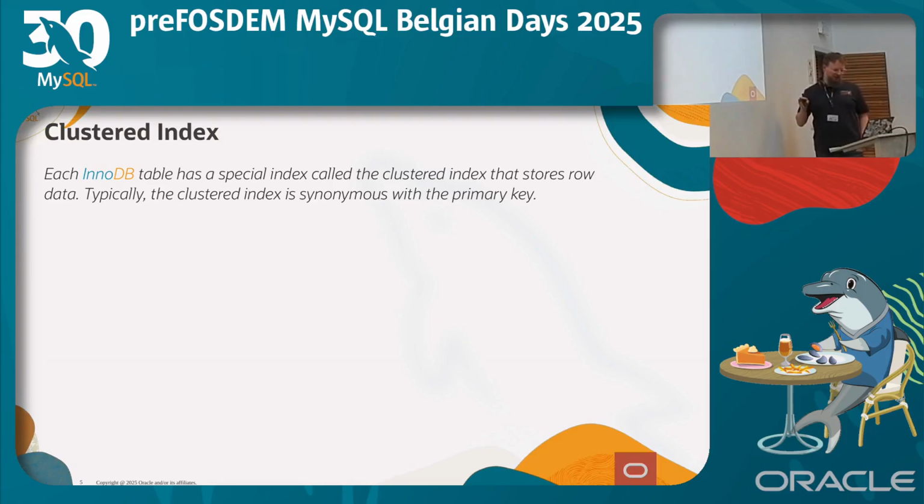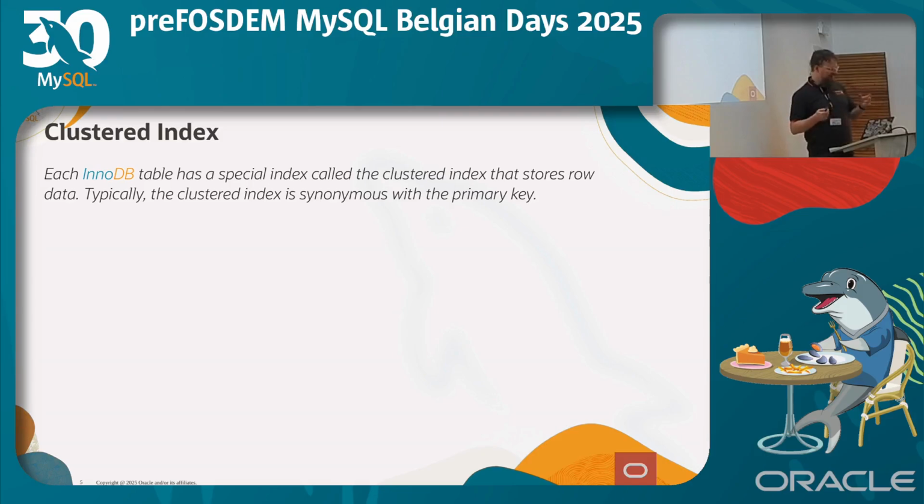And in InnoDB, right, we have a very special index that is the clustered index, and this is where all the data is stored, in fact. And most of the time when we talk about the clustered index, people think also of the primary key, and this is exactly true.